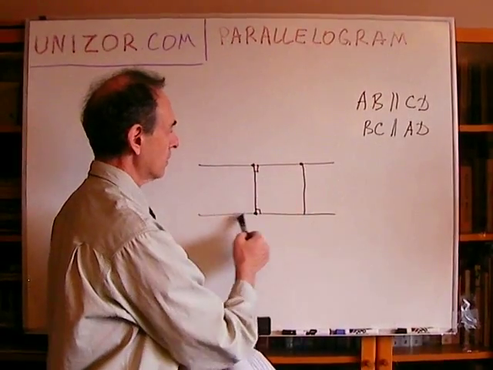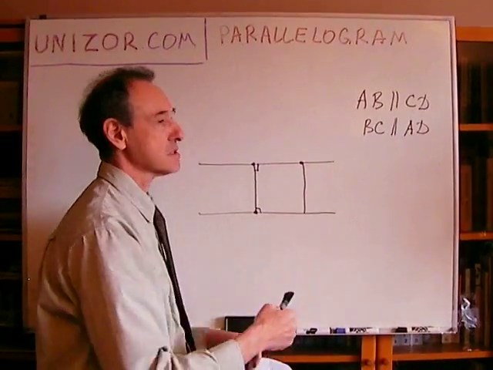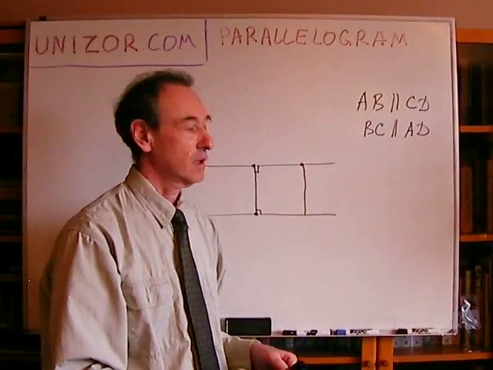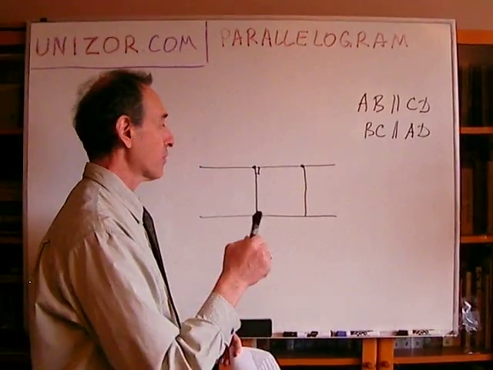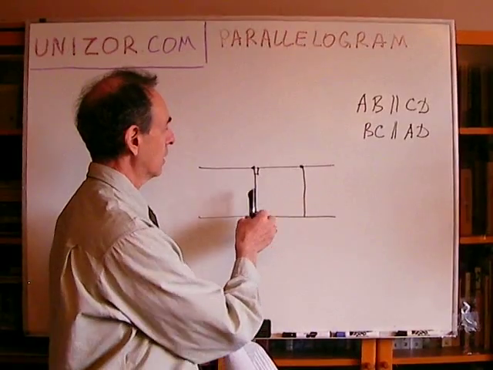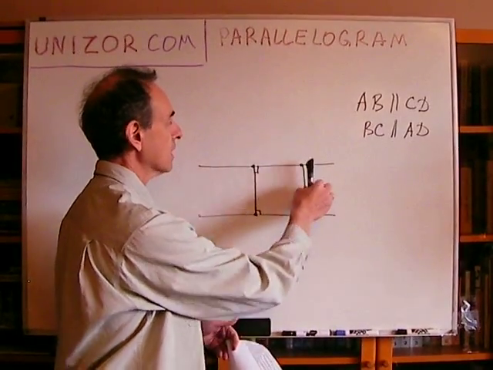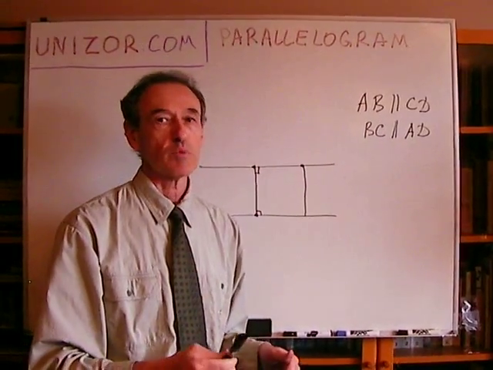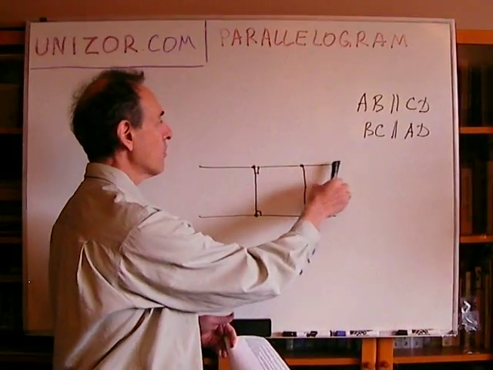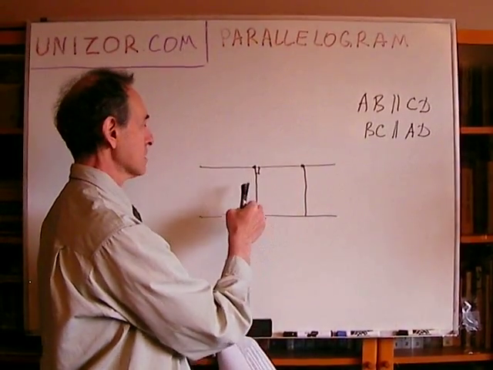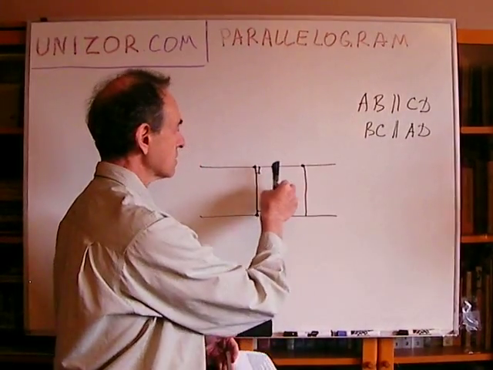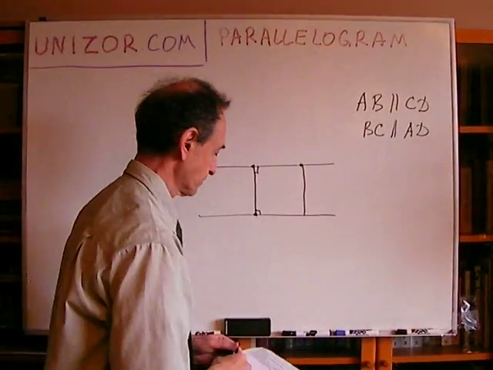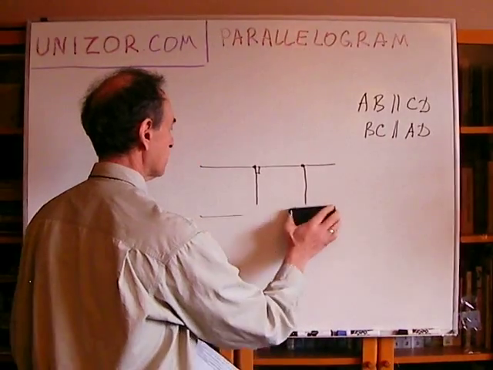Because this is parallel to this, and 2 perpendiculars are parallel to each other. We proved all these points before, and in the parallelogram, the opposite sides are congruent. That's why the distance, wherever we measure this distance, doesn't matter this point or any other point, the distance will be exactly the same. Too many words for such a simple thing.